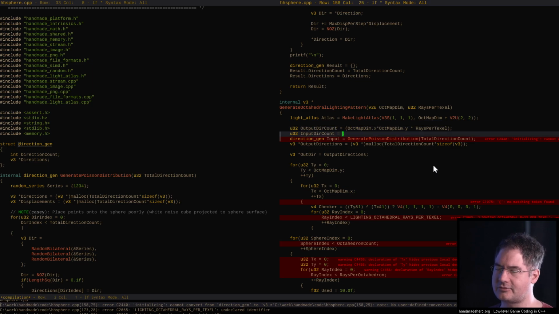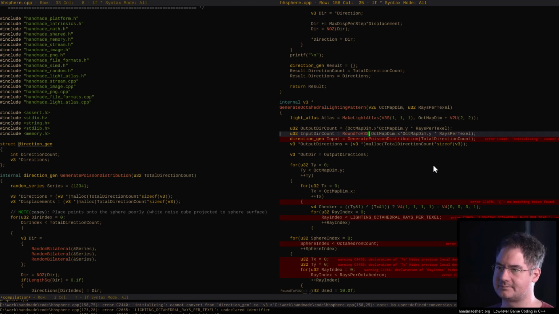So the input direction count is going to be this times some extra. I don't really know how to sensibly figure that out, but you generate 20% extra or something, right? It's a 20% denser distribution or something, right?